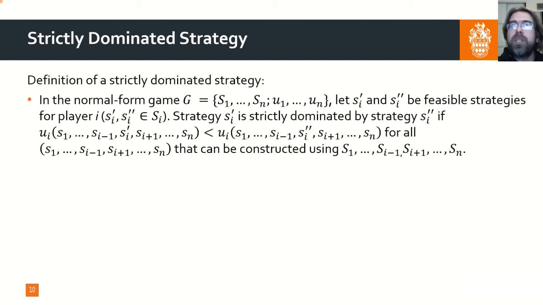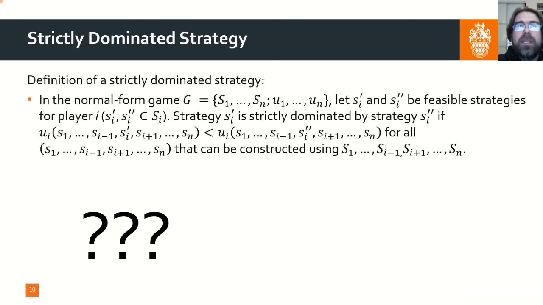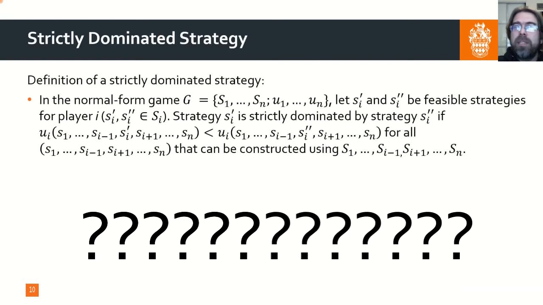Strategy Si prime is strictly dominated by strategy Si double prime if Ui of s1 to si minus 1, Si prime, si plus 1 to sn is smaller than Ui of s1 to si minus 1, Si double prime, si plus 1 to sn for all s1 to sn that can be constructed using capital S1 to capital Sn, excluding capital Si.